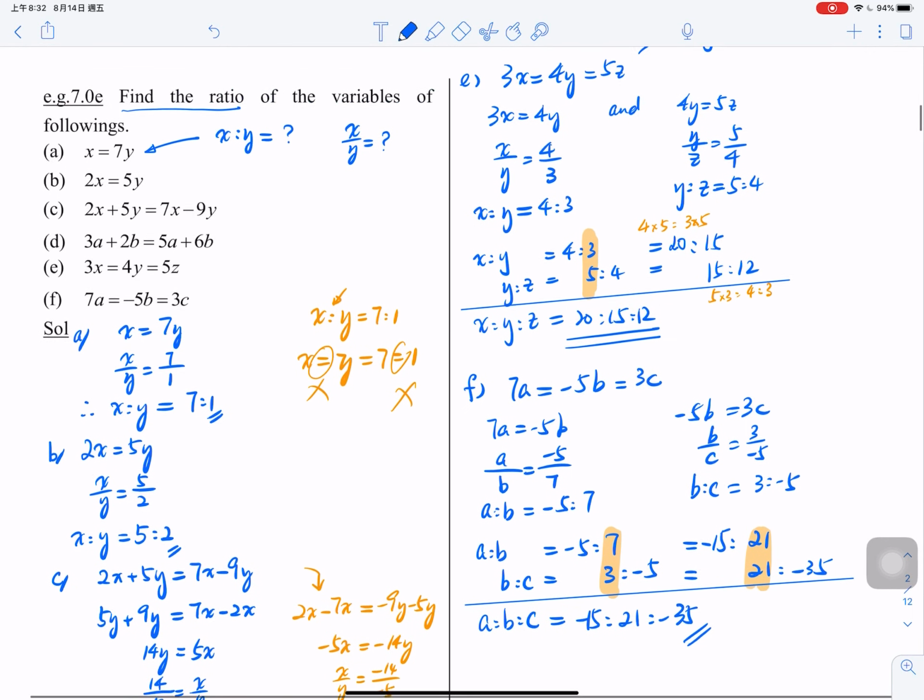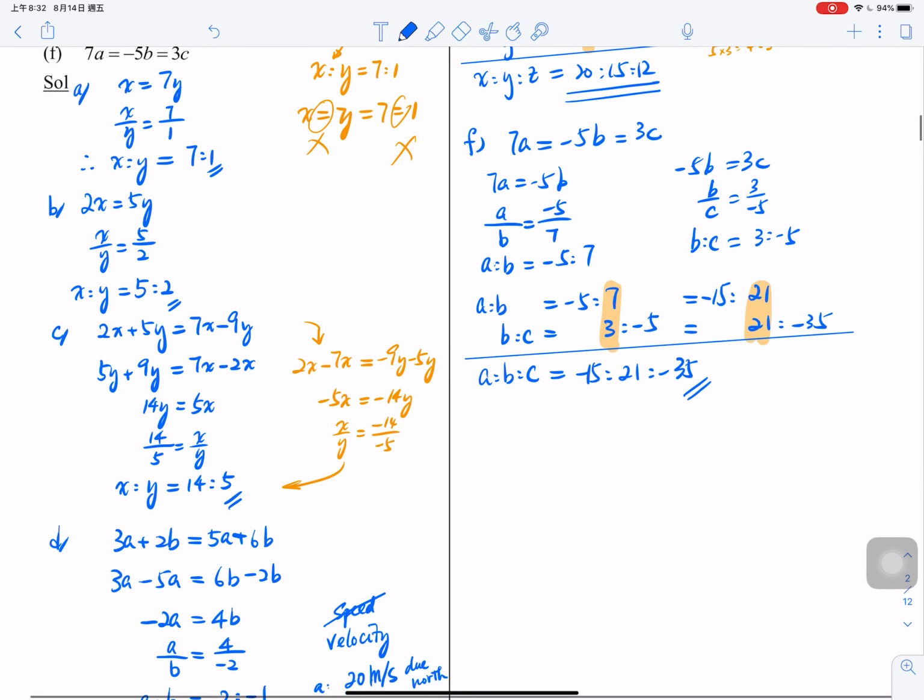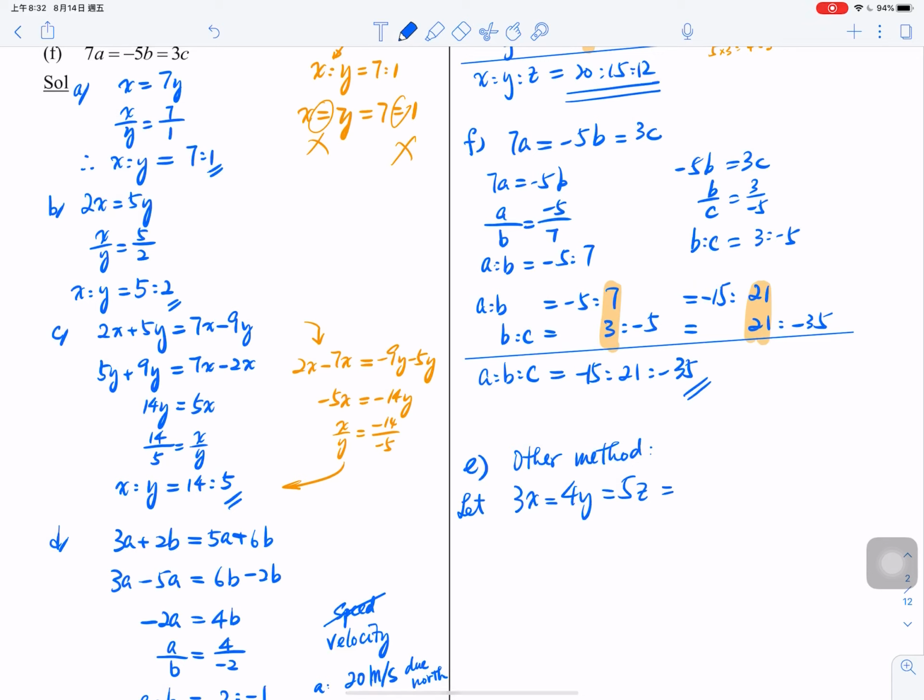Maybe for question E as an example, I will show one more method and let you know how to do it. 3x, 4y, and 5z. Okay, I let it equal k, where k is a non-zero constant.